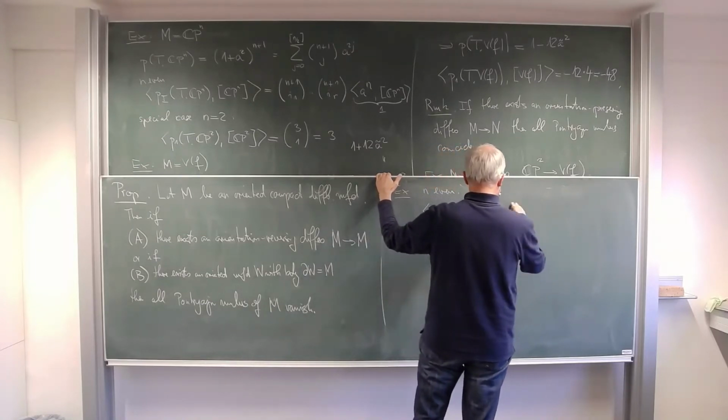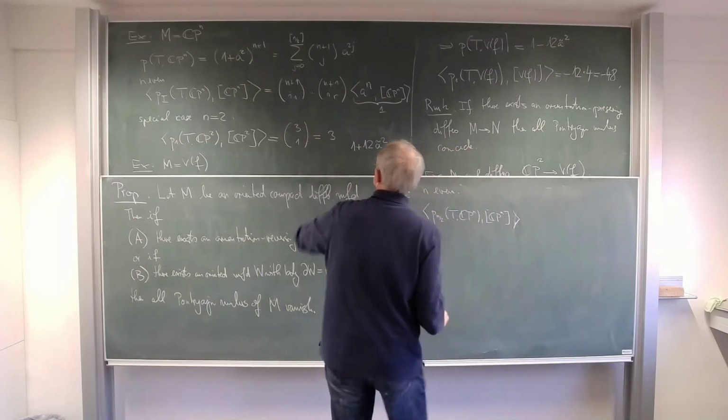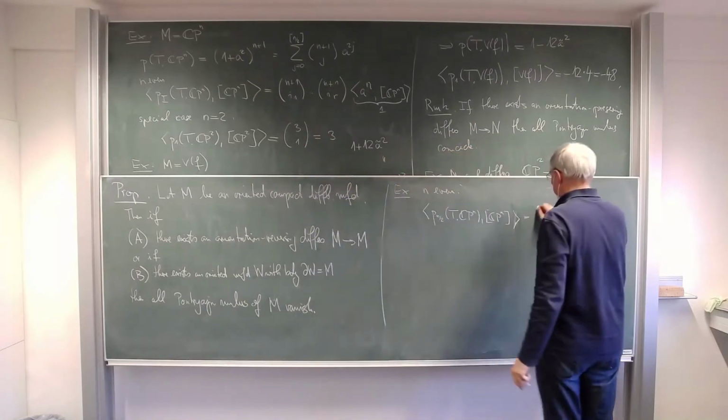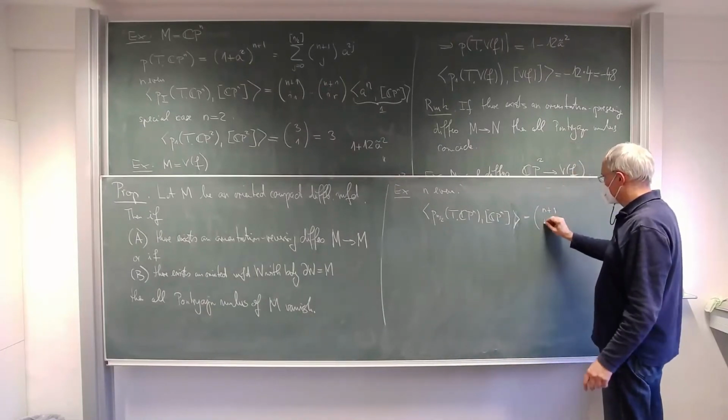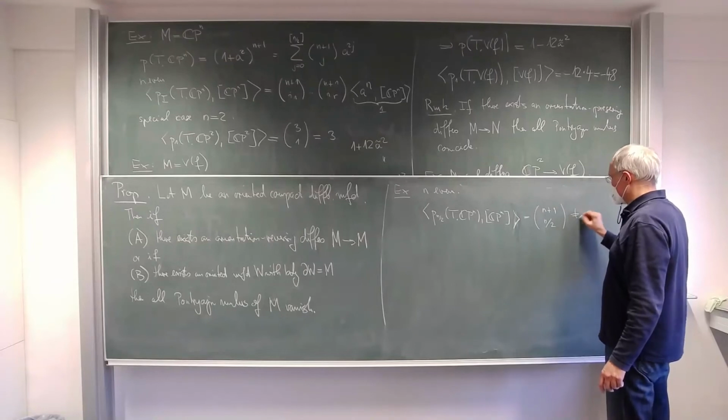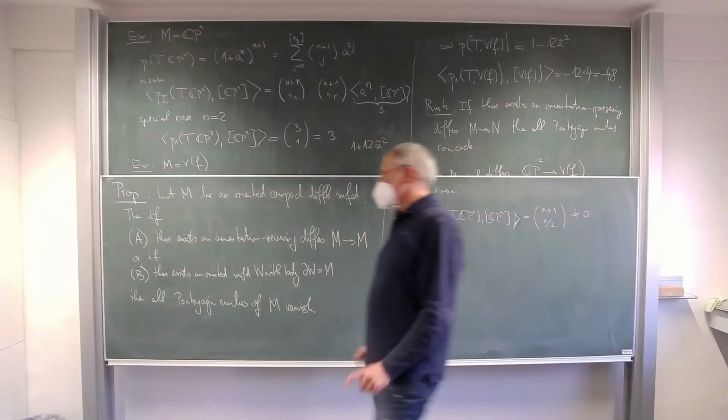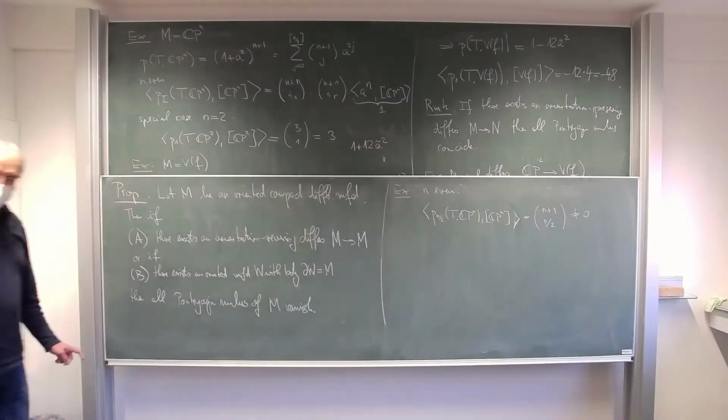So that is certainly, the other one's also non-trivial, but this certainly gives us n plus 1 choose n on 2, and that's not zero. So CPN has non-vanishing Pontryagin numbers.